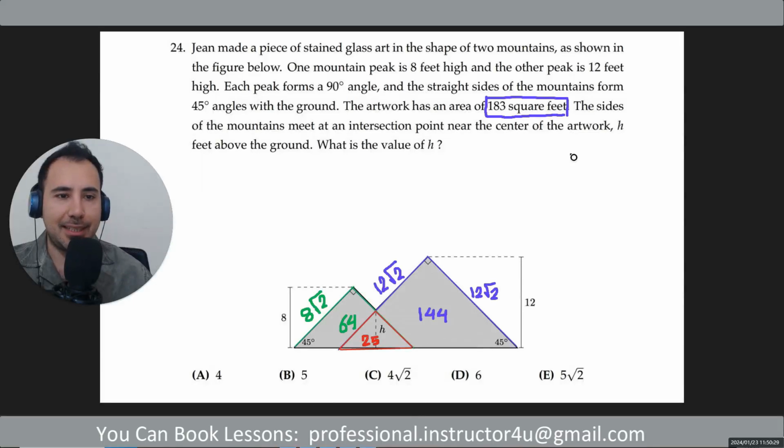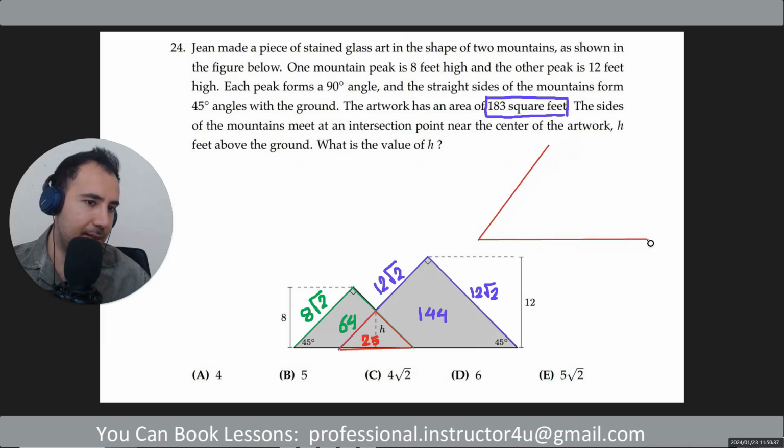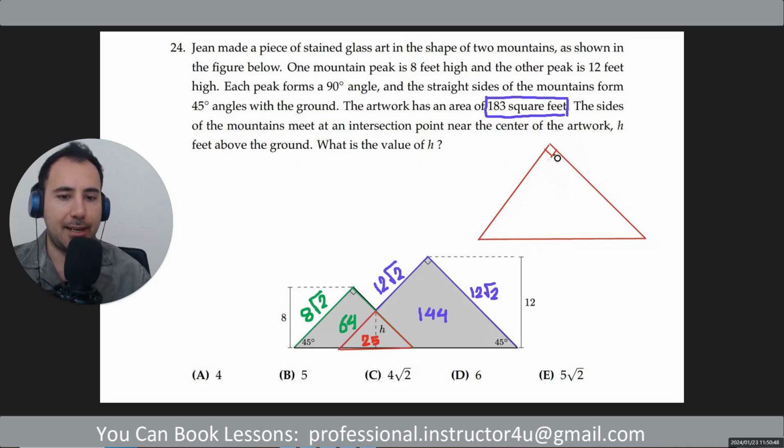Now, to make things easier to understand, I'm going to draw this red triangle again. So we know that the total area here is 25. This was a right triangle. So an H will be cutting the area into 2 parts.